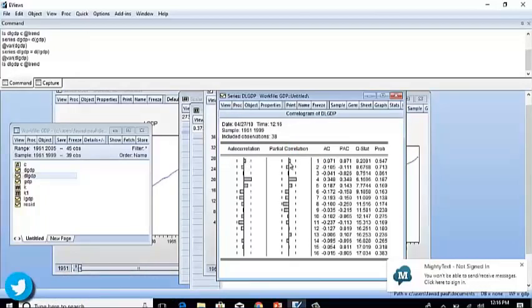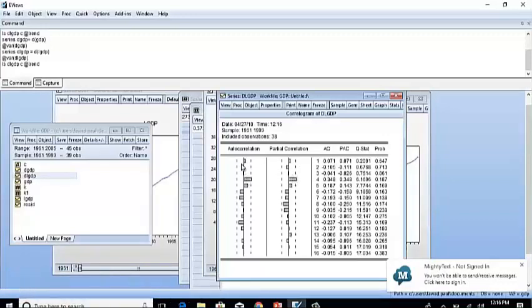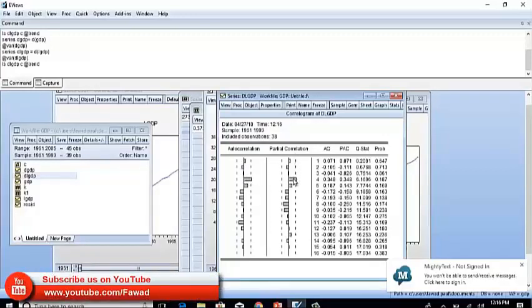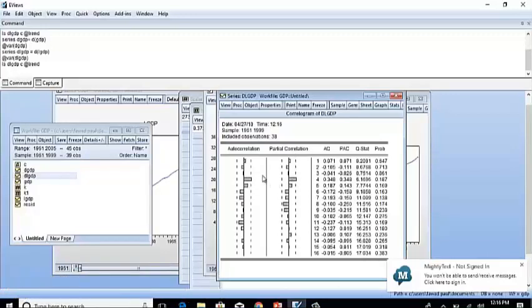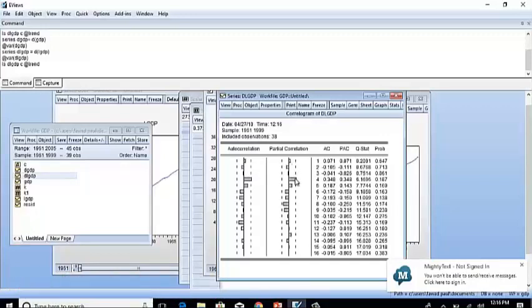So it shows that AR4, or I mean MA4 and AR4, are one possibility, and also MA4 with AR0 is another possibility, and also AR4 and MA0 is one more possibility.